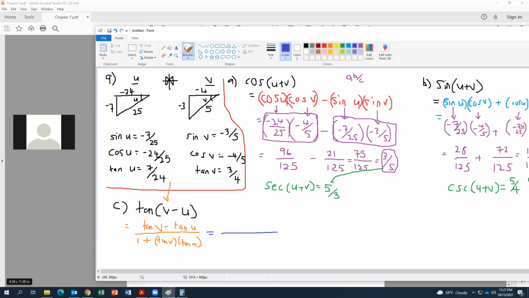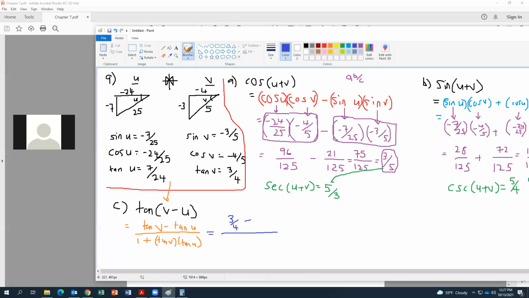Tangent V, not the answer, just give me tangent V minus tangent U. -3/4 minus -7/24. We don't have a -3/4 for tangent V. It's just 3/4. Minus tangent U, Nikita.